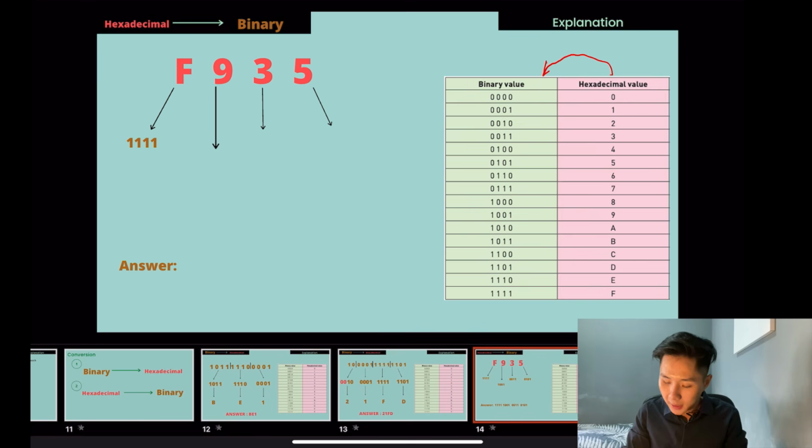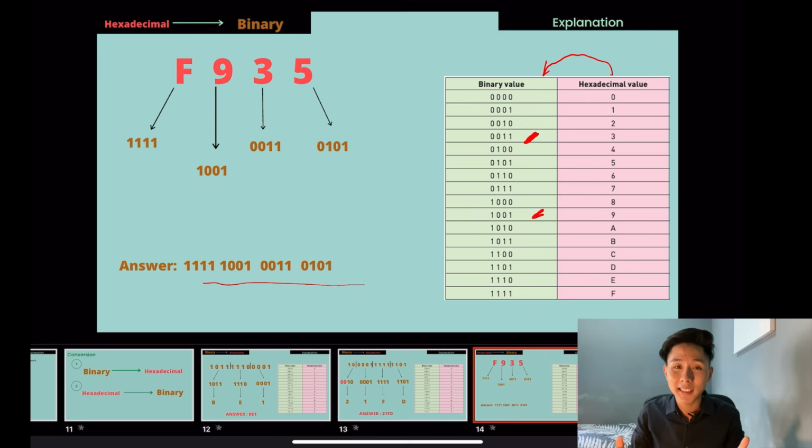The value 9, we have 1001, as you can see here. 3, we have the value 0011, and 5, we have the value 0101. And all you have to do is just concatenate all the strings together to form our final answer here. So that's how you can convert hexadecimal to binary.